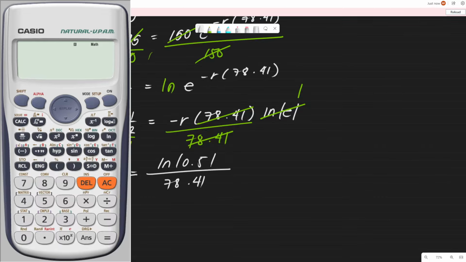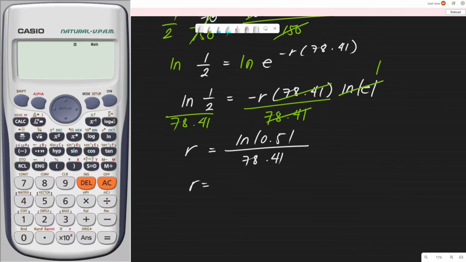So, we have r that is equal to ln of 0.5, or 1/2, over 78.41.